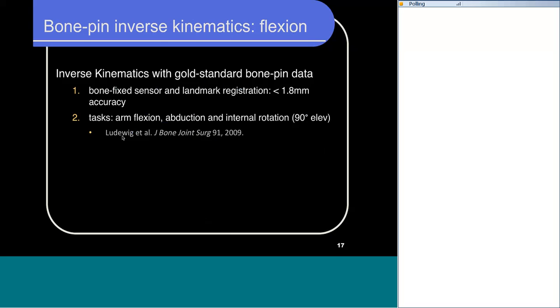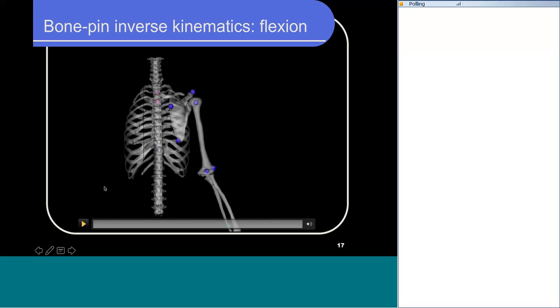And so what does that look like? Now we scaled our model to the subject's marker data. We have it in their starting position, and then we track their kinematics. So the pink markers are the ones that are fixed to the model, and the blue markers are the ones that are from the bone pin data set.